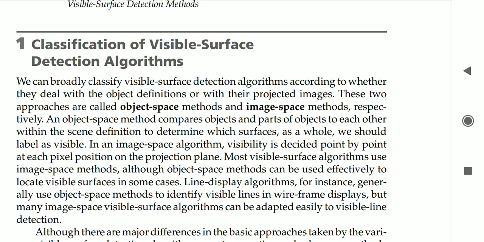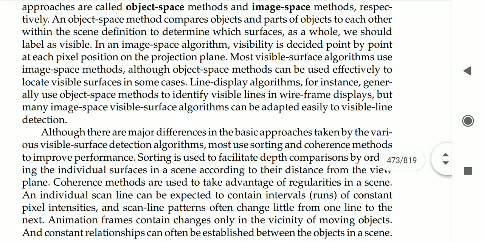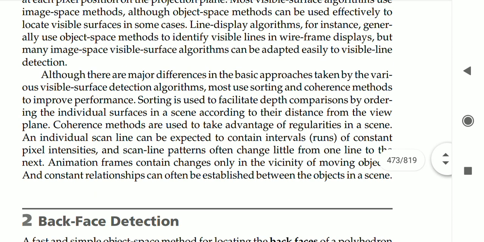That order of the image is called the image space method. I repeat, in the object space method, the entire model is considered as a whole object. In the image space algorithm, we are using pixels to calculate which is first, which is second, which is third.